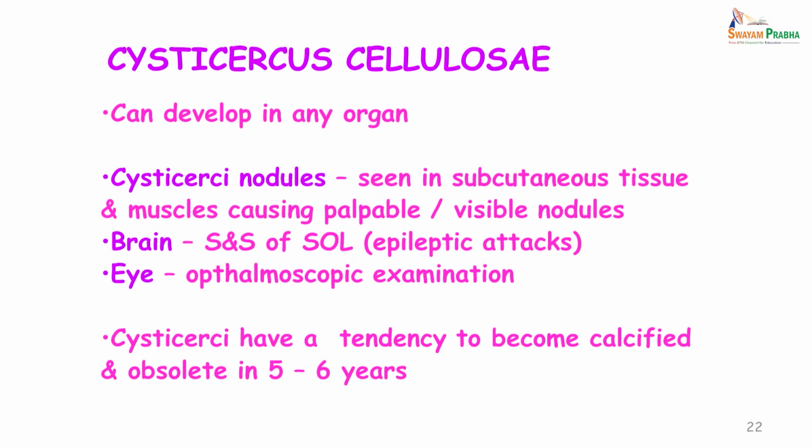In the brain, they will make the person present with signs and symptoms of a space occupying lesion. And in the eyes, usually the lesions are seen only with the help of an ophthalmoscope. They have a tendency to become calcified and obsolete in 5 to 6 years.